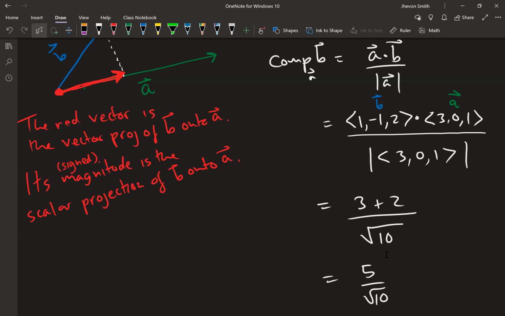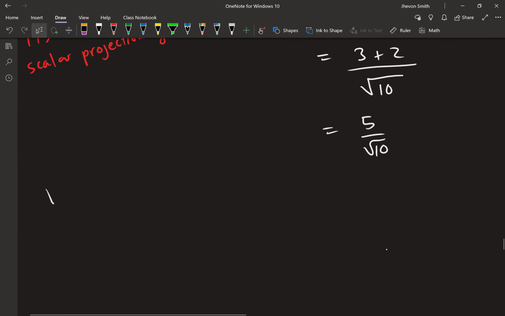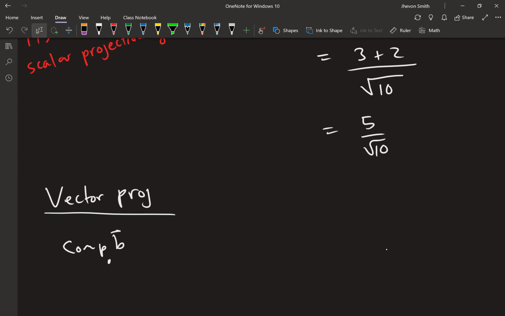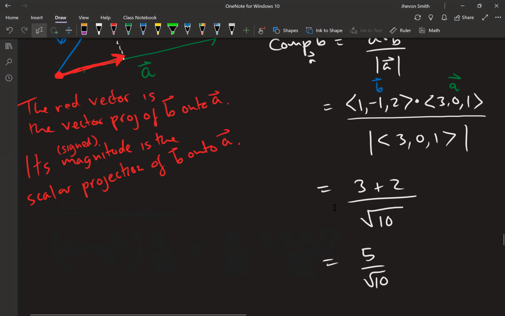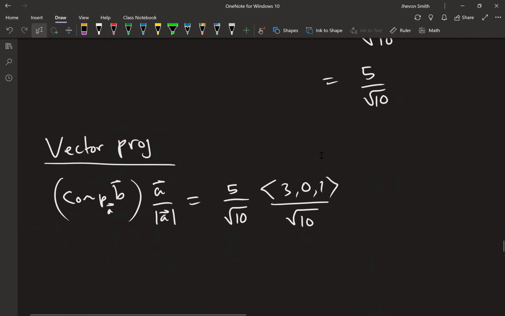So now, if we want the vector projection, that's going to be the component of B onto A times the unit vector in the direction of A. So that's going to be 5 over radical 10 times the vector 3 0 1 over the magnitude of 3 0 1, because my A is the vector 3 0 1.